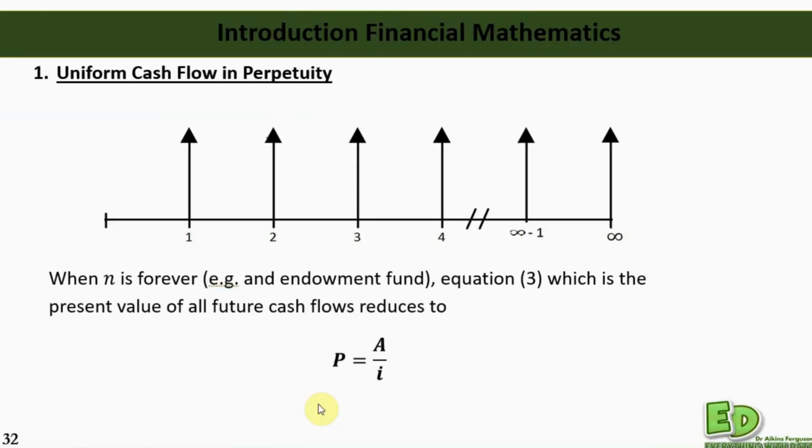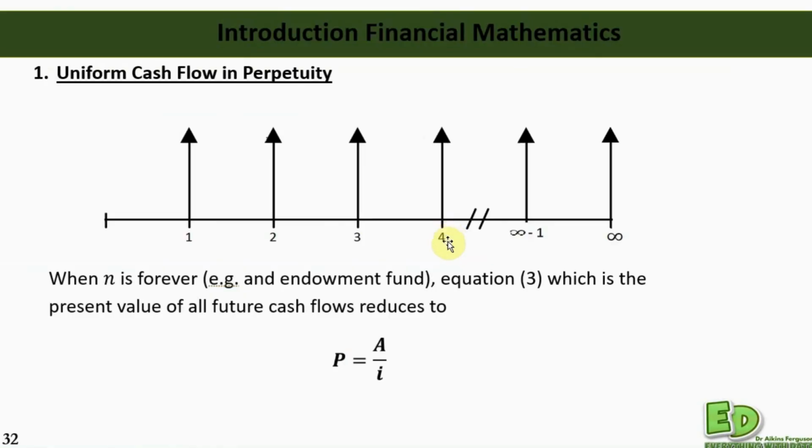The present value formula is simple because there is no end, right? So it's like you're receiving 20,000 Ghana cedis forever at an interest rate of 5%. It is just the amount you are receiving, the 20,000 divided by 5%. So let's take a practical example here. Say you are receiving $2,000 from your dad every year forever, right? And the interest is 5%.